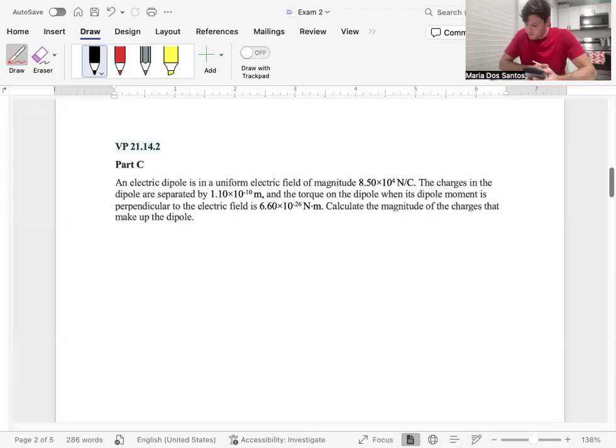And the torque on the dipole when its dipole moment is perpendicular to the electric field is 0.60 times 10 to the power minus 26 newton meters. Calculate the magnitude of the charges that make up the dipole.